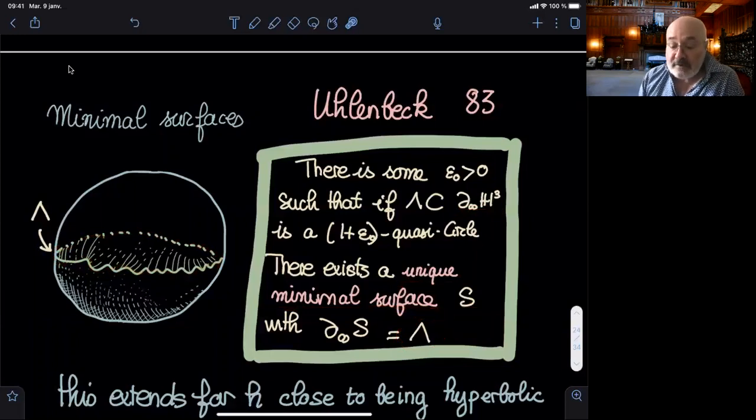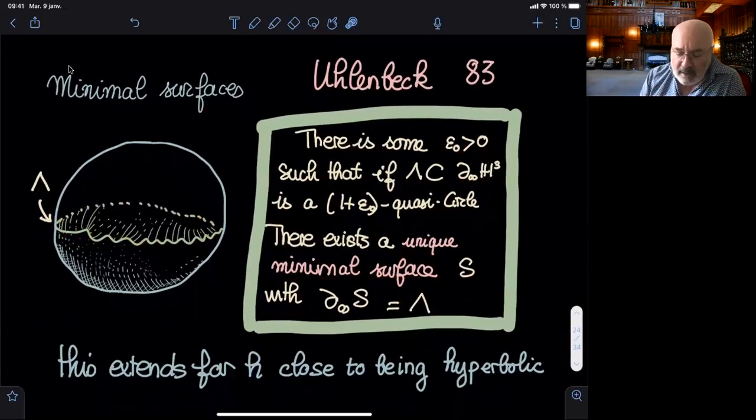This result is not true, and there are counterexamples, when epsilon zero is large. But it is true when epsilon zero is close to zero. This result is a priori just for a hyperbolic metric, but it turned out that it extends also to a metric which is close to being hyperbolic.